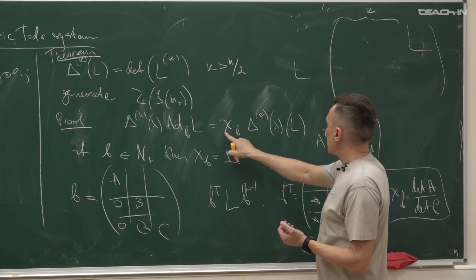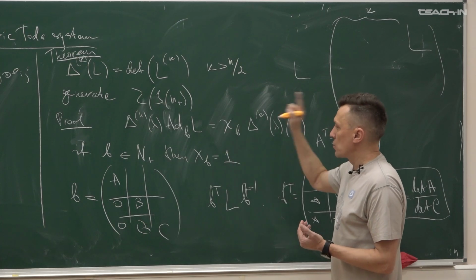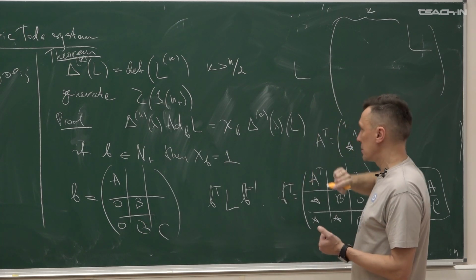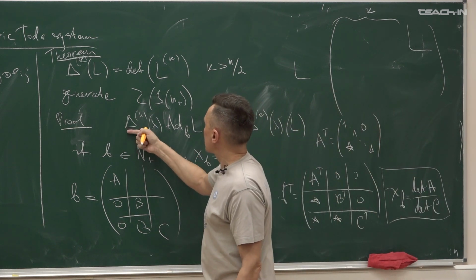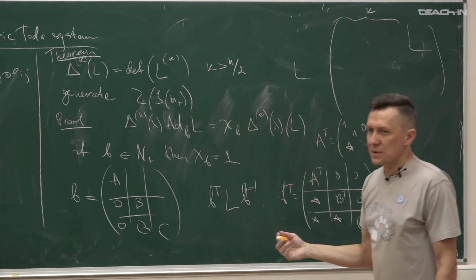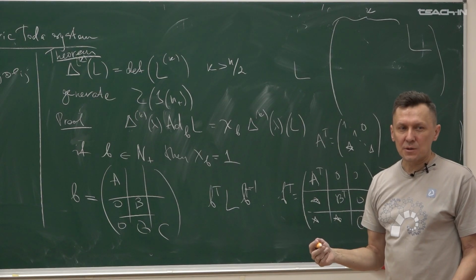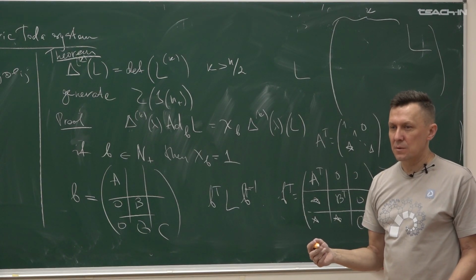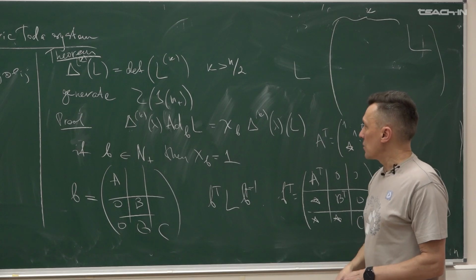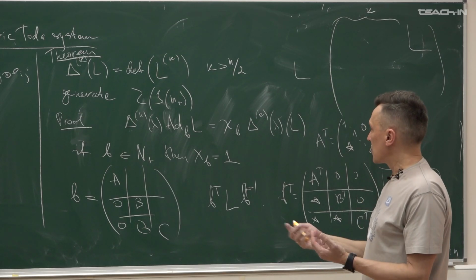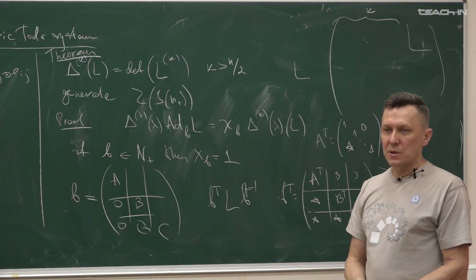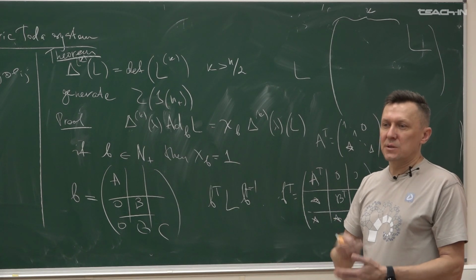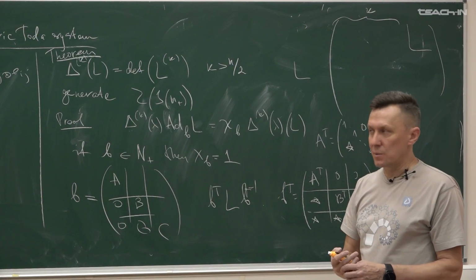So this character for the action of the nilpotent group is just 1. So these functions are invariant with respect to the action of the nilpotent group. The only thing to do is to extract some coefficients which lie in the symmetric algebra of the nilpotent Lie algebra.